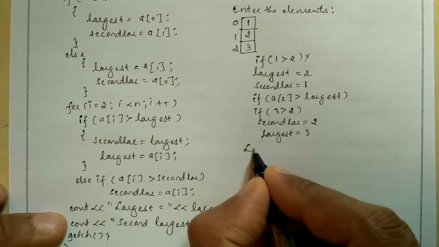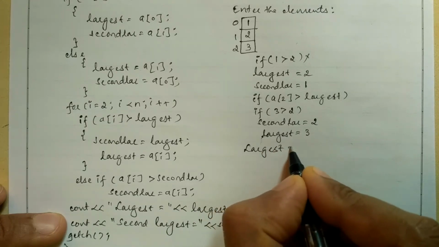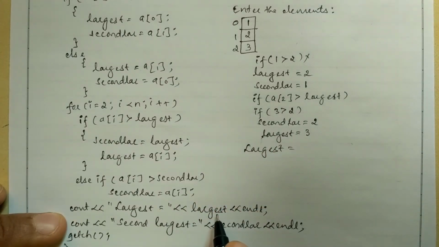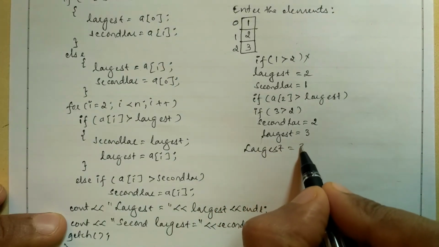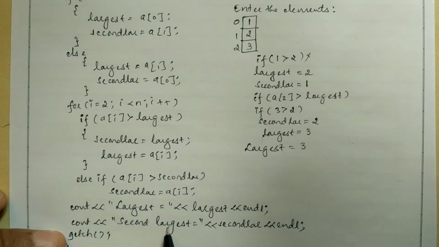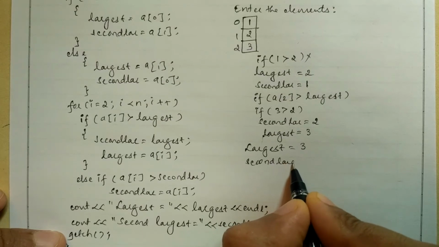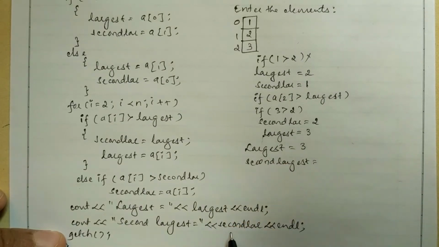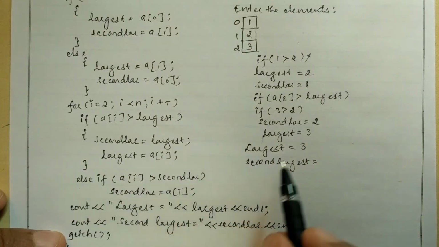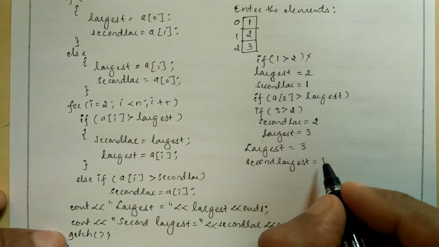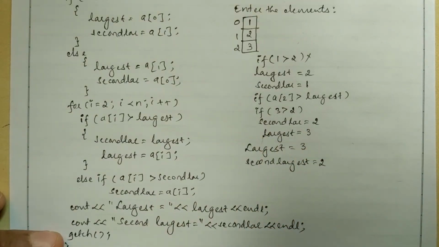Here I'm going to write largest is equal to the value stored in the variable largest, which is 3. Largest is equal to 3, and the next statement is second largest is equal to the value in second largest. Here you can see it is 2. So second largest is 2.